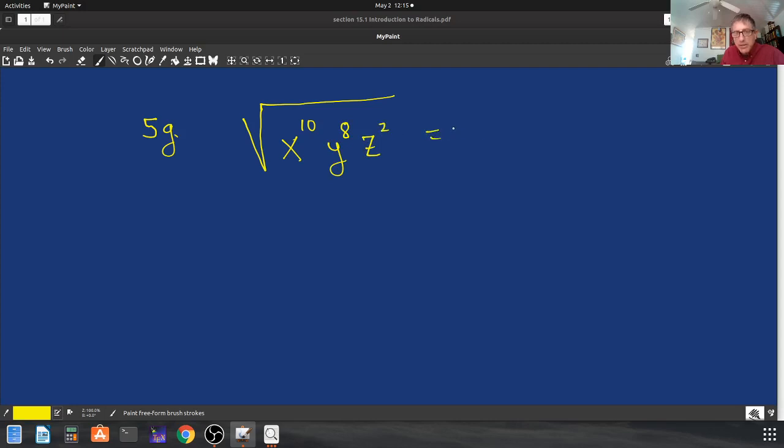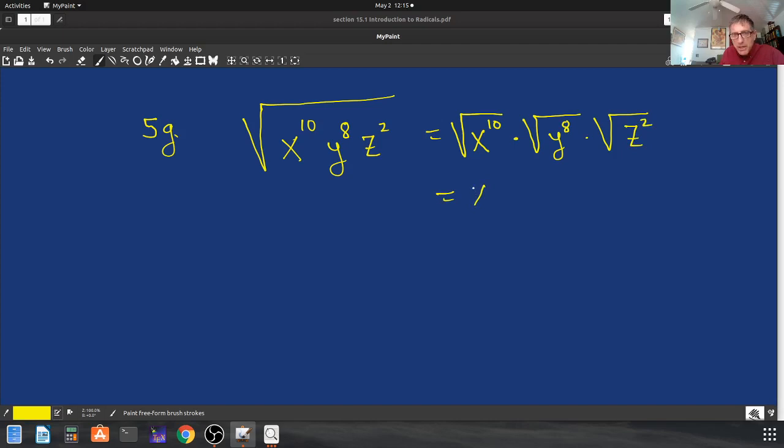Well, by that rule I just cited, called the product property of radicals, that's the same as the square root of x to the 10th times the square root of y to the 8th times the square root of z squared. Isn't it nice that all of these numbers are even?